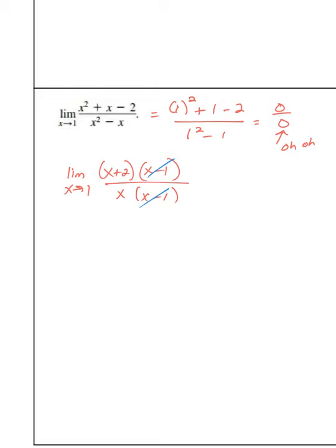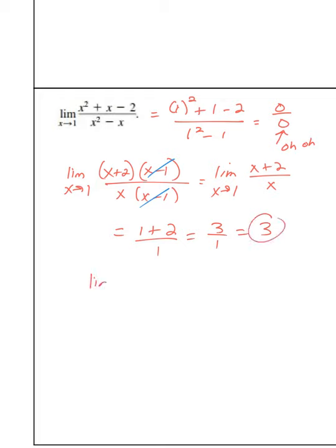So now let's take what's remaining, because all that we know so far is that there's a hole at x is 1. Let's take what's remaining and do a substitution now. So does substitution work now? If I substitute in 1, I get 3.